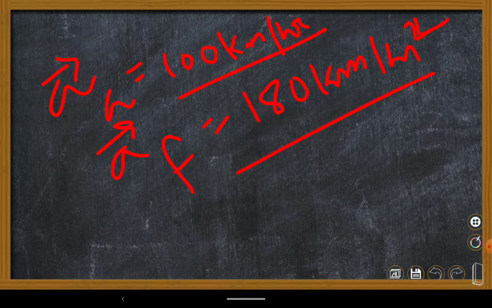So we have two accelerations. Now let us find the force according to Newton's second law of motion. The force will be its mass times its acceleration, that is F equals ma.